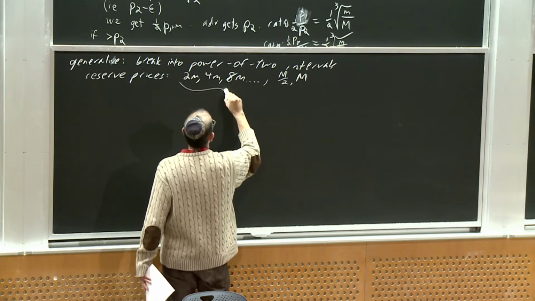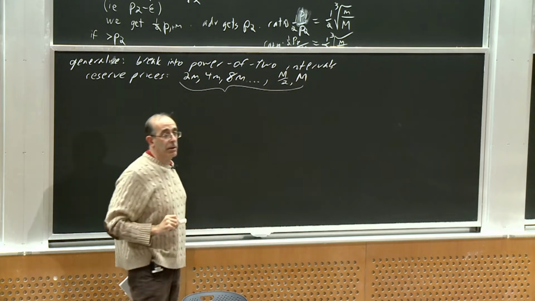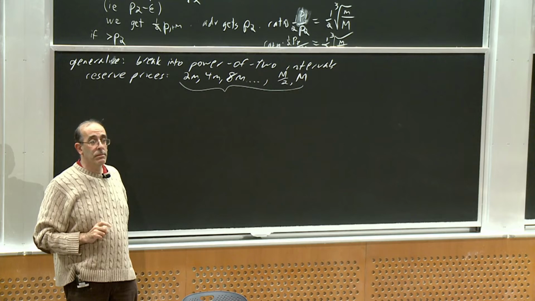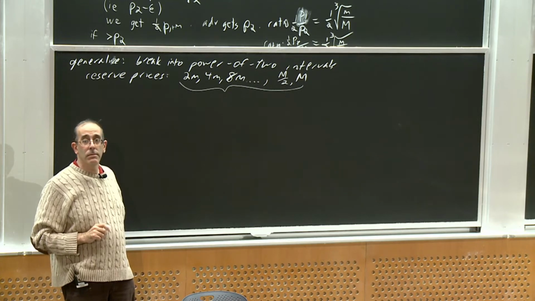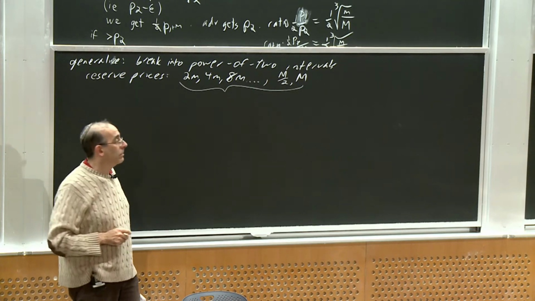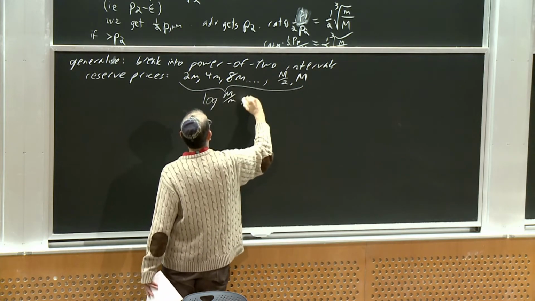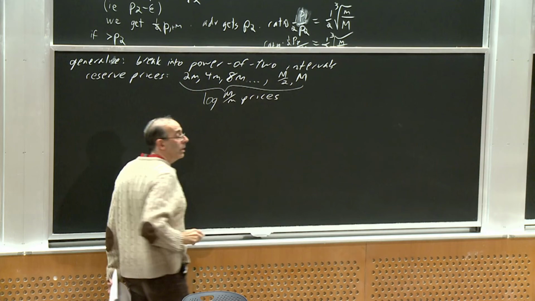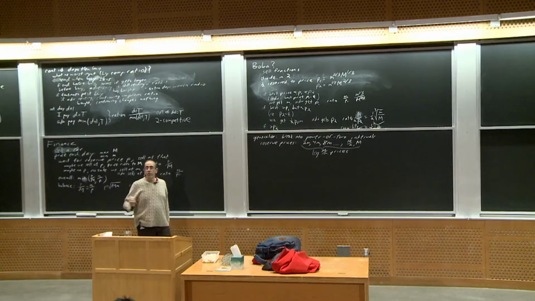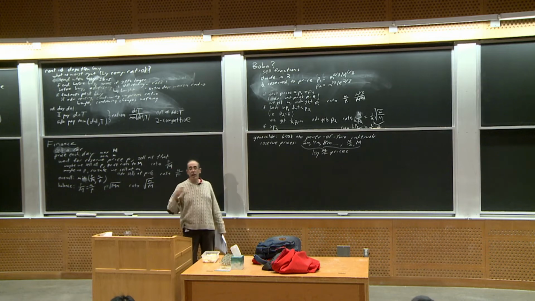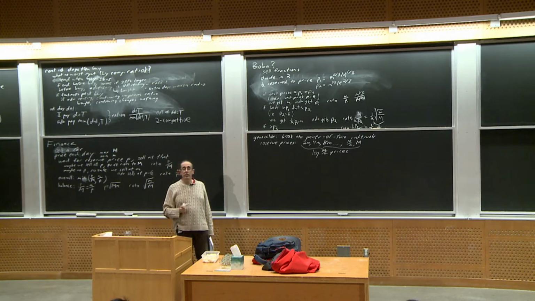So how many of these different reserve prices are there? Small, big M. Good. Okay, and so we're just going to evenly divide up our boba into these log m over m glasses, and each glass will be at a different reserve price.